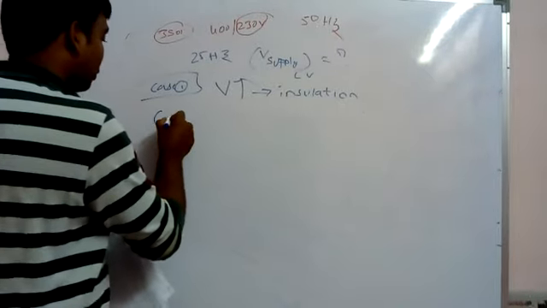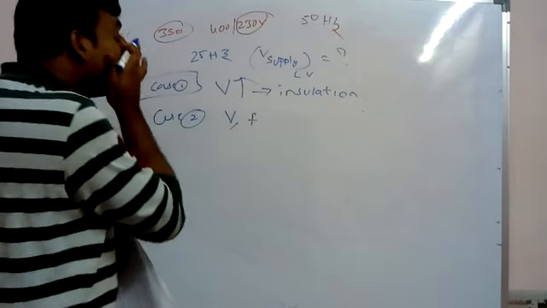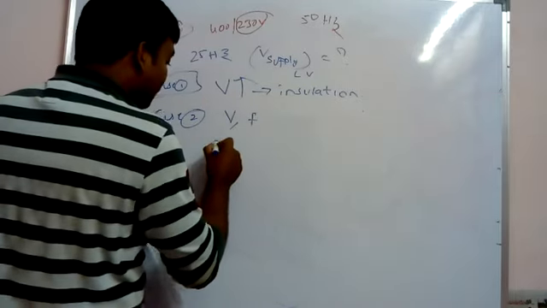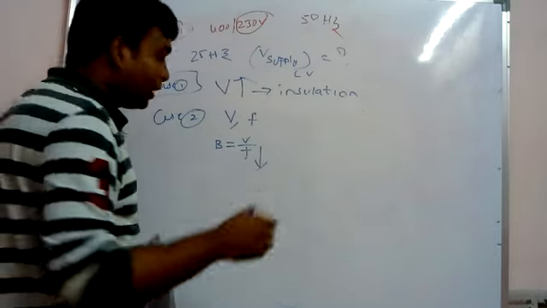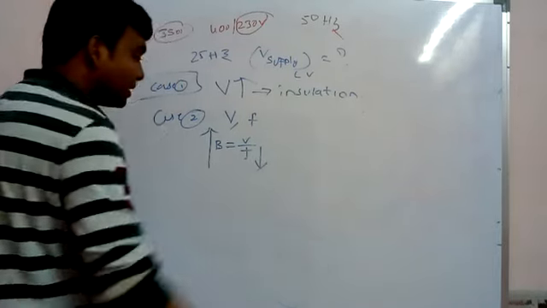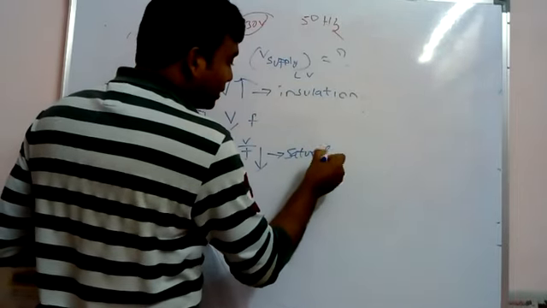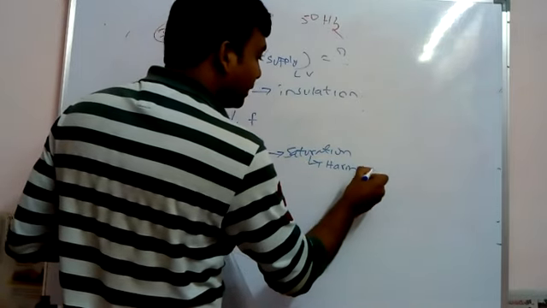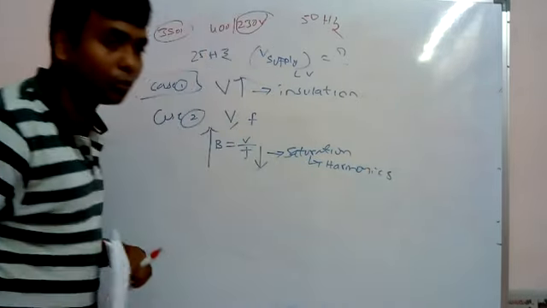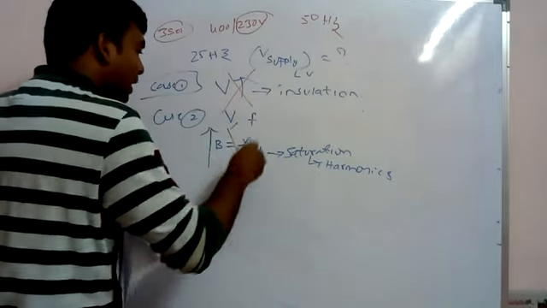Second, I have told you that V and F should be decreased simultaneously. V max is proportional to V by F. What I want to say is you cannot decrease the frequency alone because V max increases. When V max increases, saturation will occur, and when saturation occurs, harmonics will occur. This will be discussed in subsequent videos about harmonics. So these two operations are null and void.